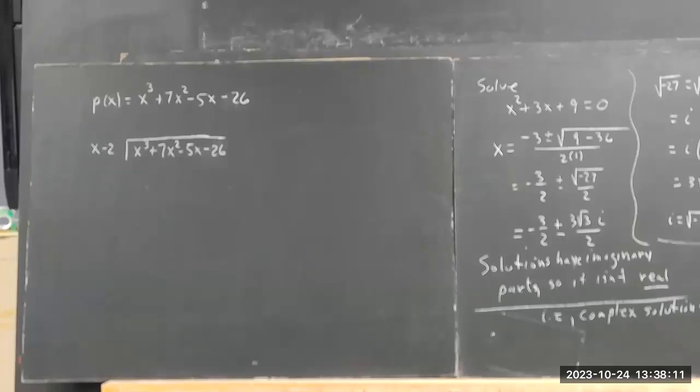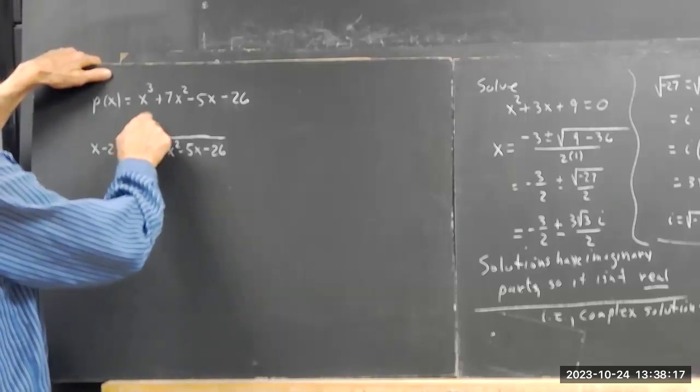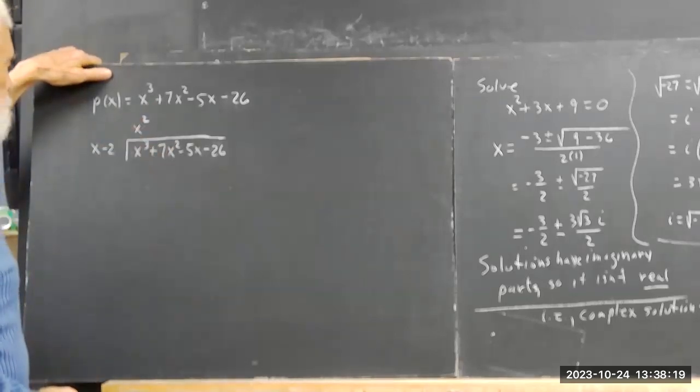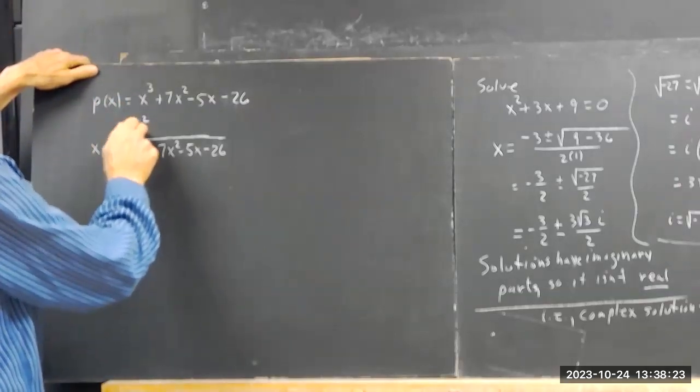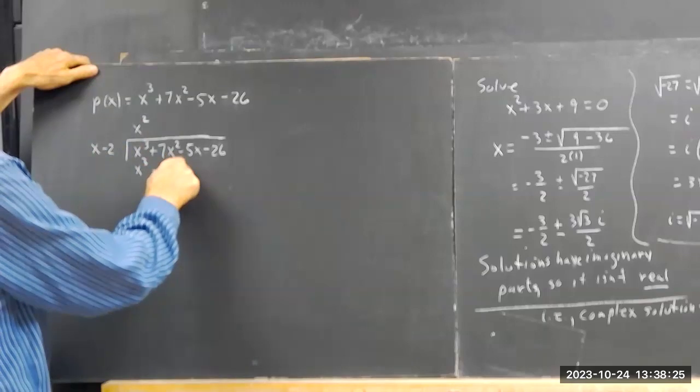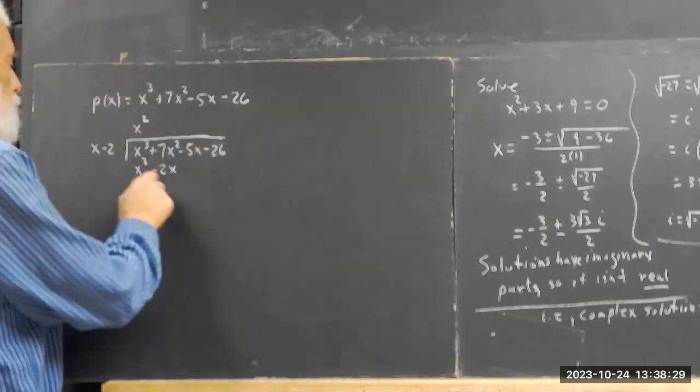I see good progress on this. So everybody's either done or getting close, almost everybody is. Okay, so I'm going to have x squared here because x squared times x gives me x cubed, and x squared times -2 gives me -2x.